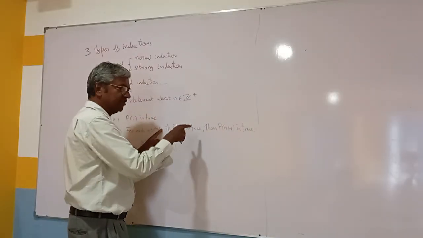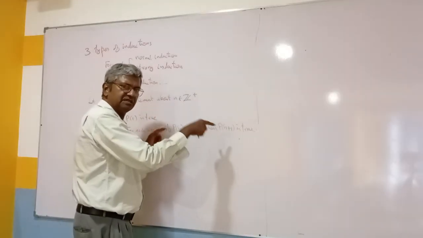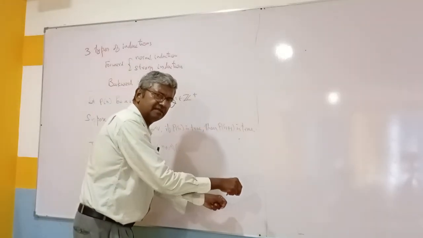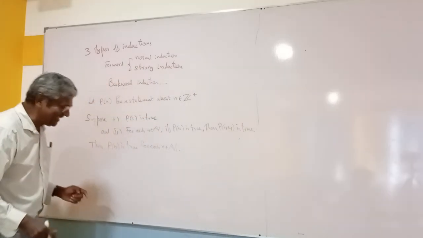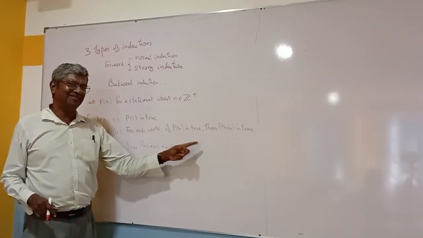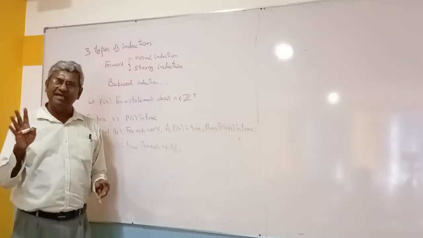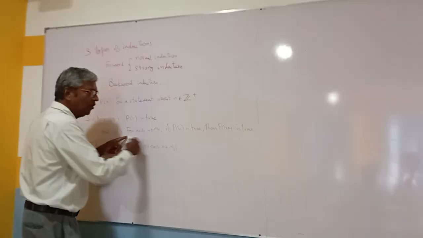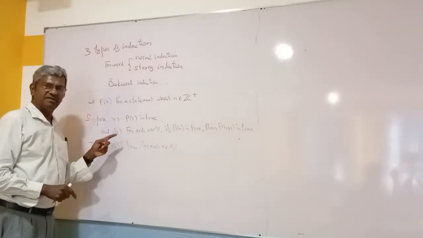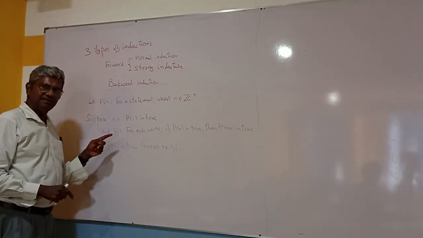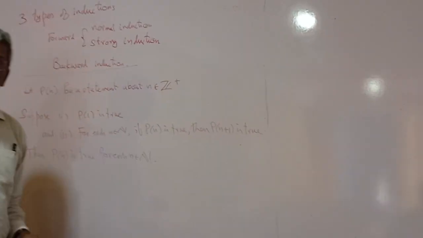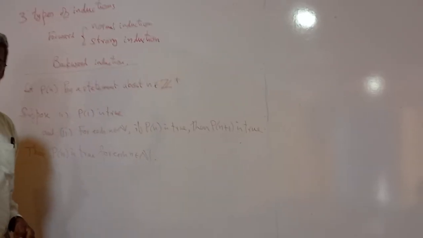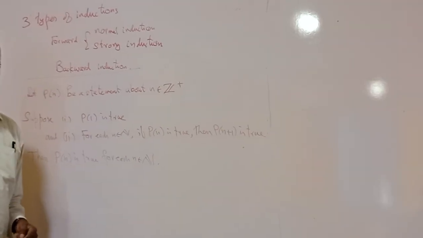Assume that Pn is true and Pn plus 1 is false and get a contradiction. The other method is you assume the whole statement is false and get a contradiction. So there are 4 ways of doing it.